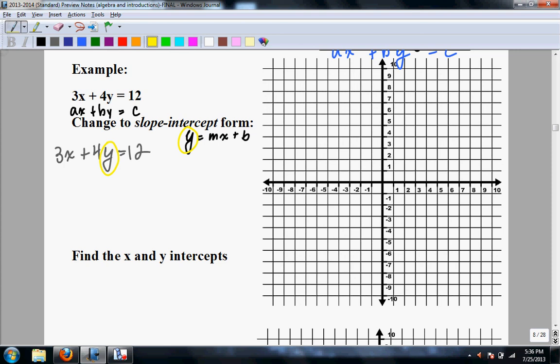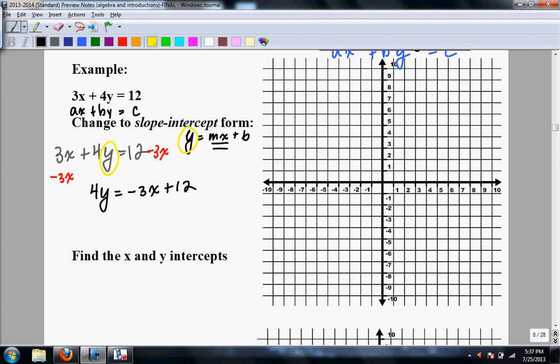So the first thing you want to get rid of is not the 4, you want to get rid of the 3x. We're going to minus 3x both sides. Next line should read 4y equals, I'm going to bring the x forward because in y equals mx plus b, that's the first thing you see. So I have negative 3x plus 12.